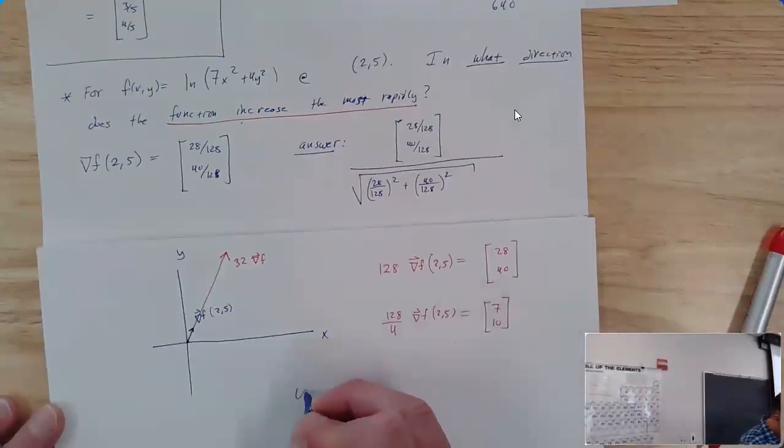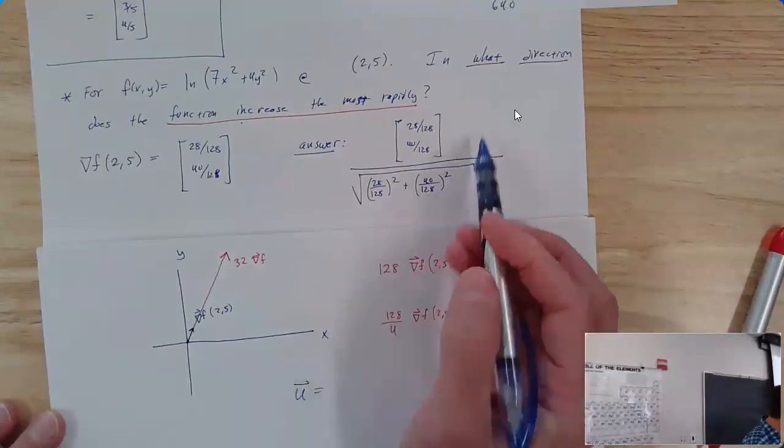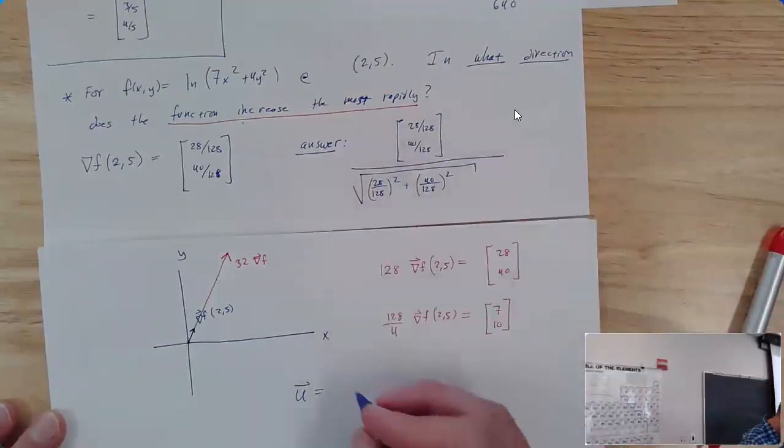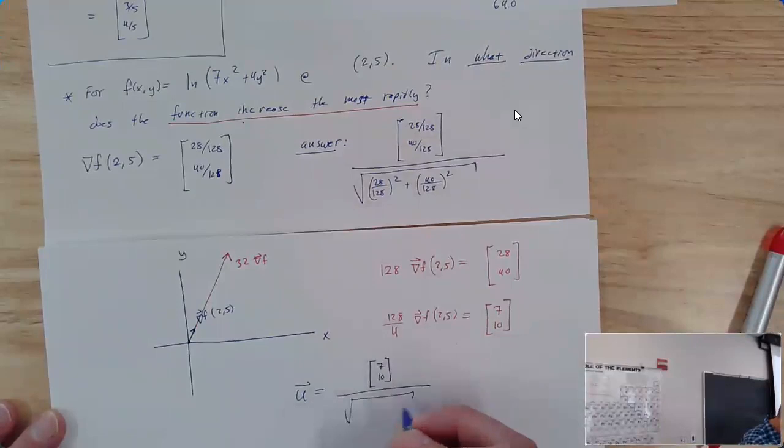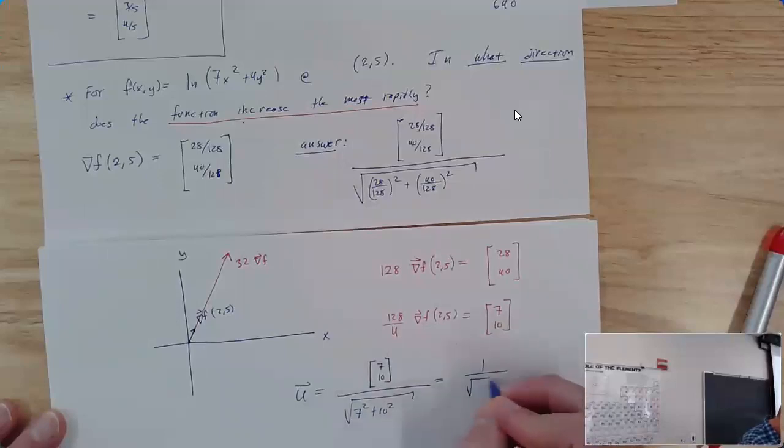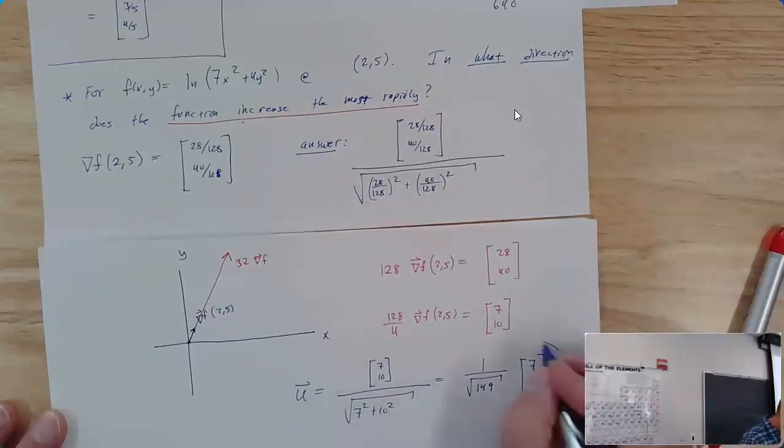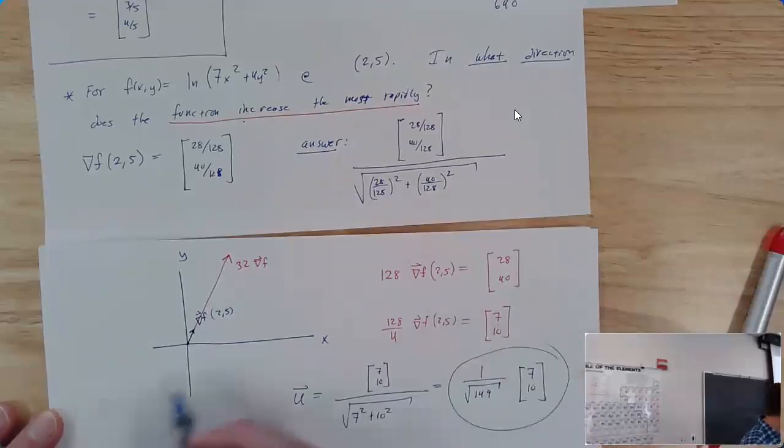So the actual unit vector I'm going to write down, instead of this garbage up here, is the vector (7, 10) divided by its magnitude, which is the square root of 7 squared plus 10 squared. Or in other words, 1 over the square root of 149 times the vector (7, 10). And that is a much, much nicer answer than that.